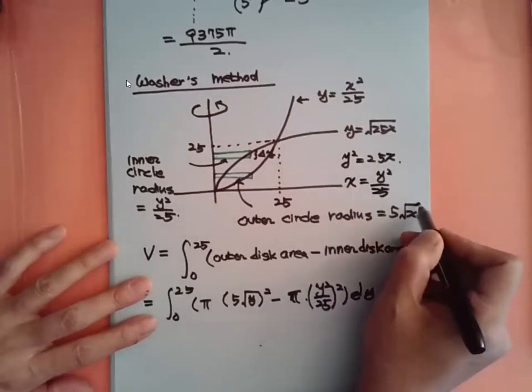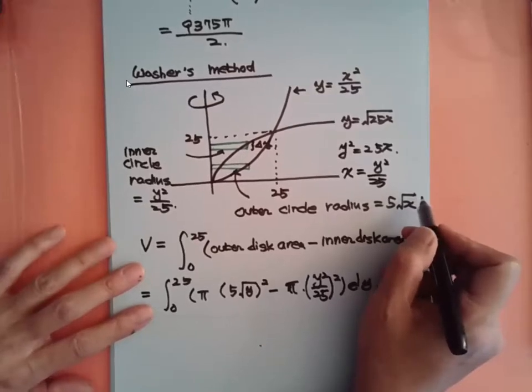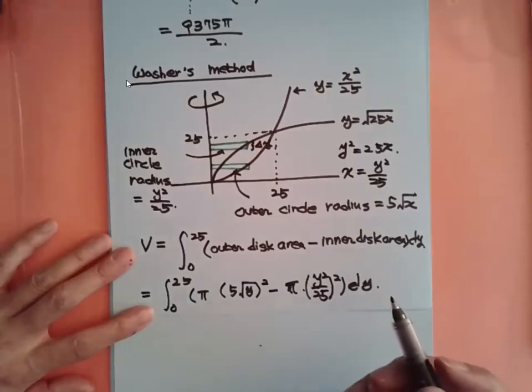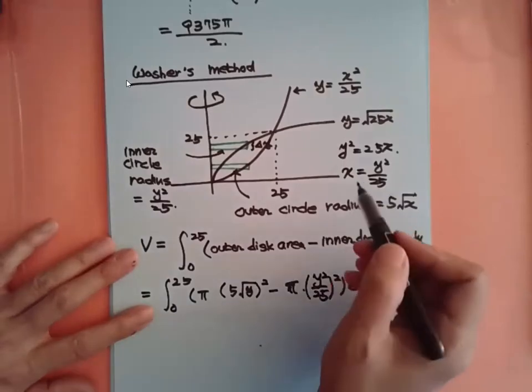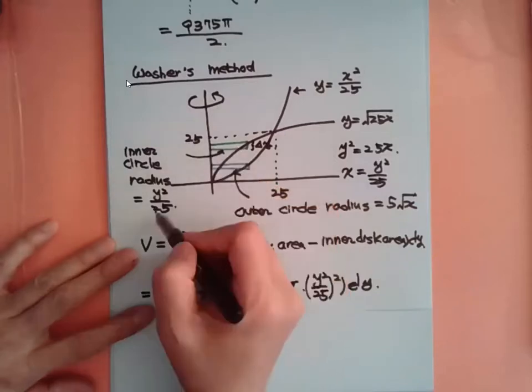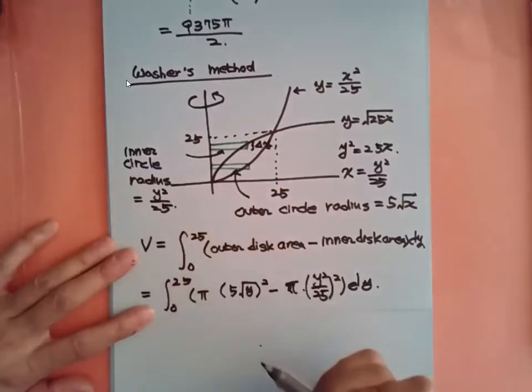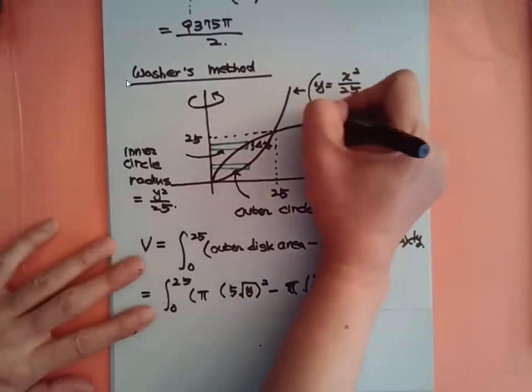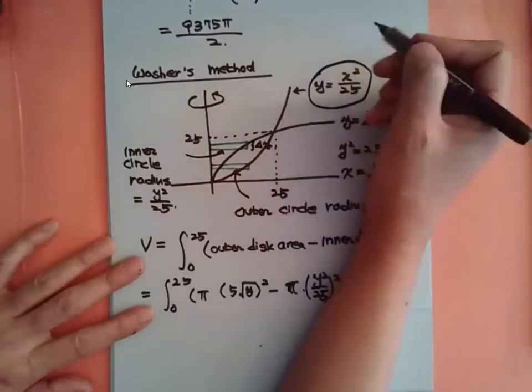The inner circle's radius is y squared over 25, and the outer circle's radius is 5 square root of y, because we solved this for y.